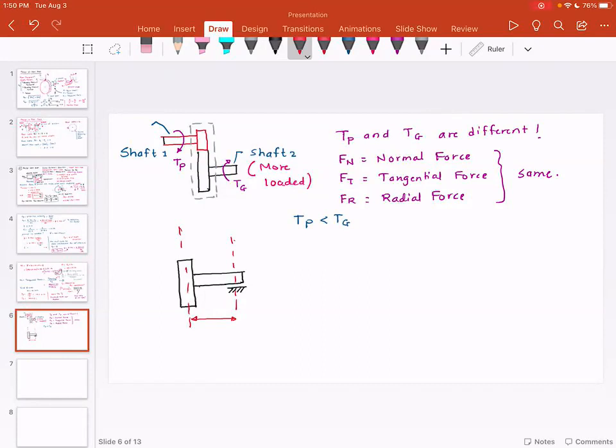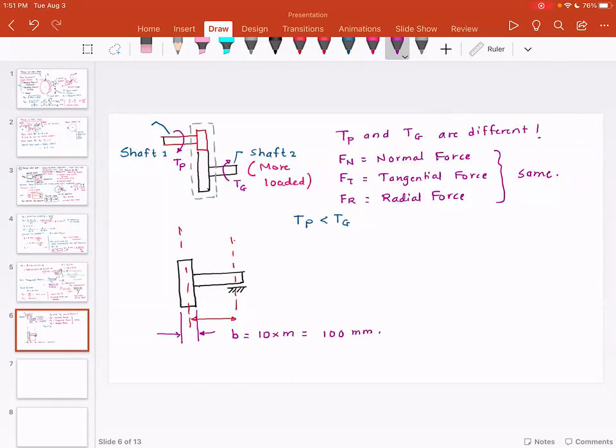So how do we decide? And for that, one good criterion is looking at the face width of the gear. If you look at the face width, we assumed the face width B is equal to 10 times M. That was the assumption. So this is about 100 millimeters.